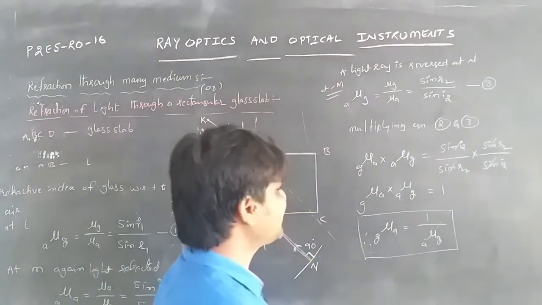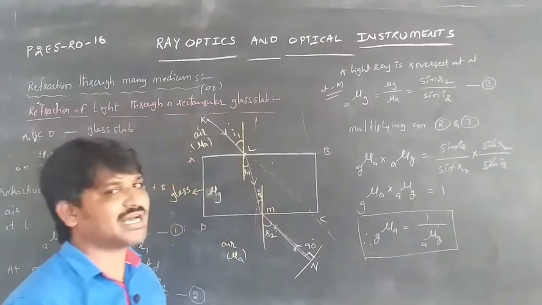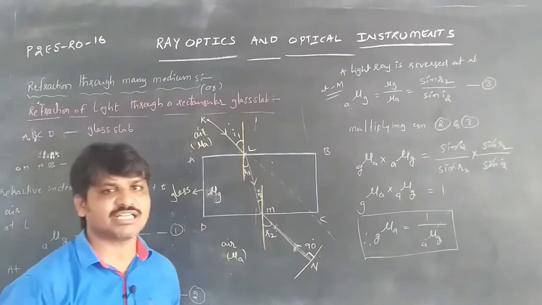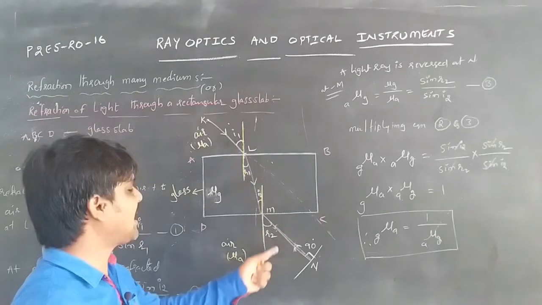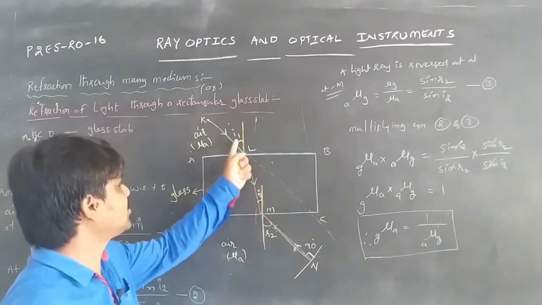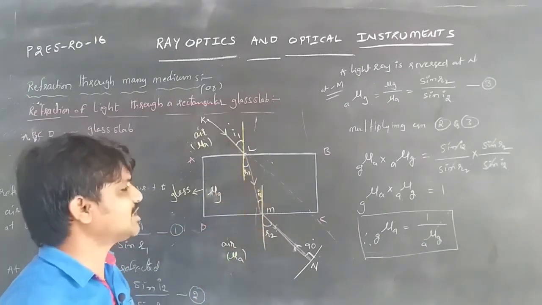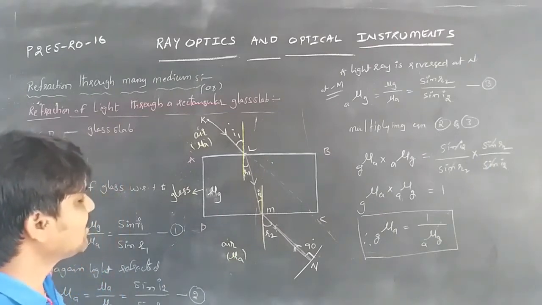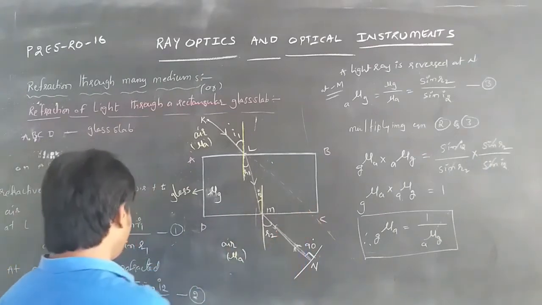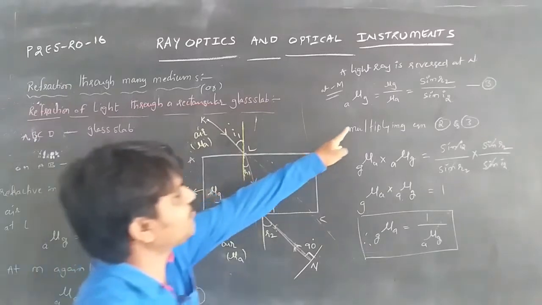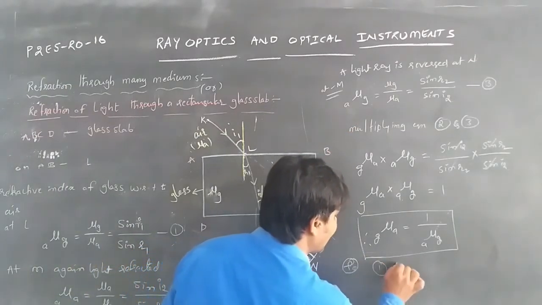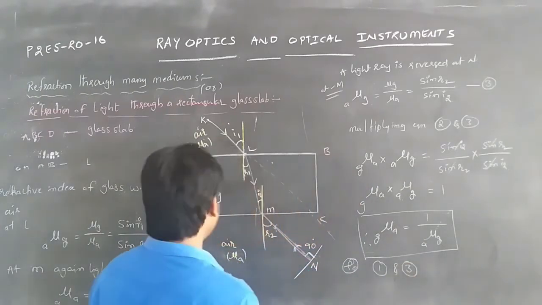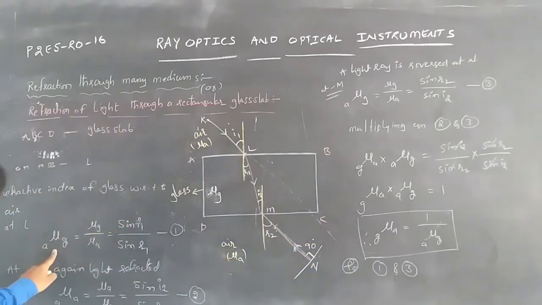The angles must be equal whenever the path is retraced back. When the light ray retraces its path, R2 is equal to I1 and I2 is equal to R1. The angles are also the same because, from equations 1 and 3, both are equal to the refractive index of the glass with respect to air.